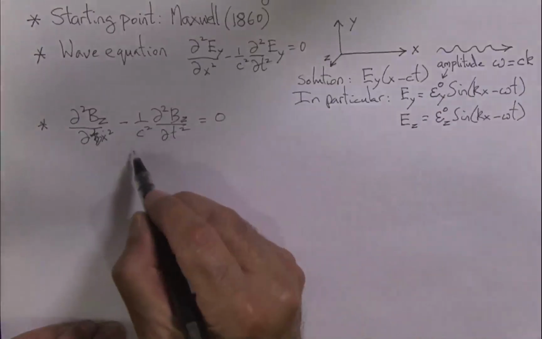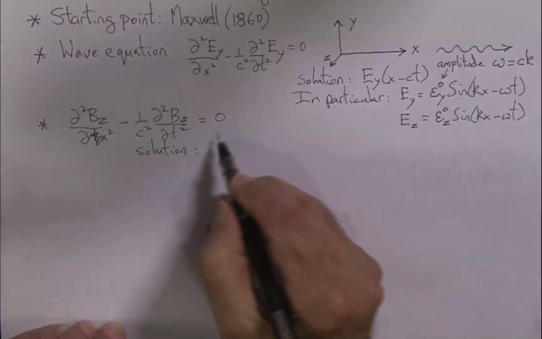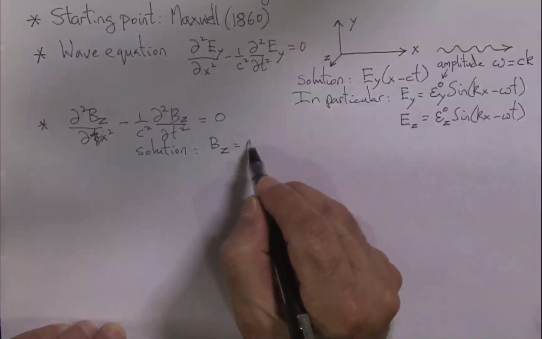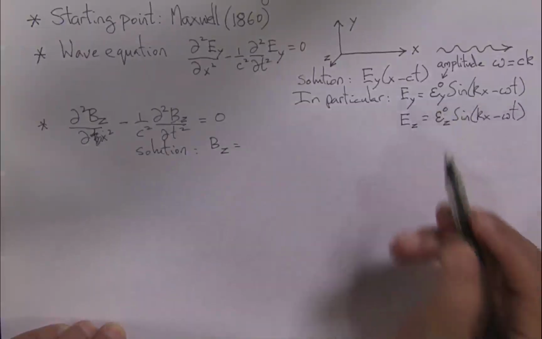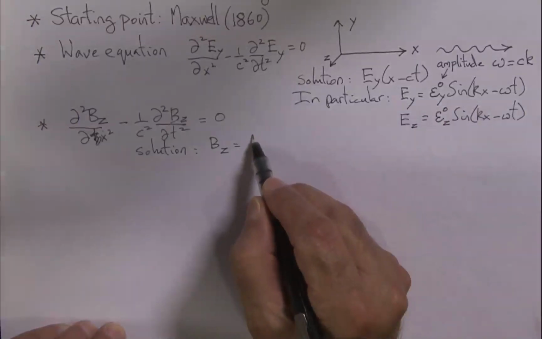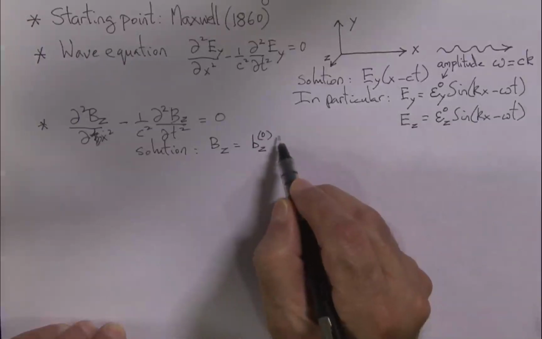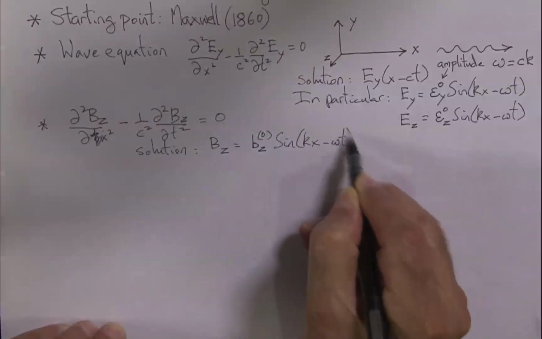And the solution, of course, would be that Bz would be equal to, well, we'll have to give this some other name, but okay, so let me call that for now Bz0 sine of kx minus omega t.